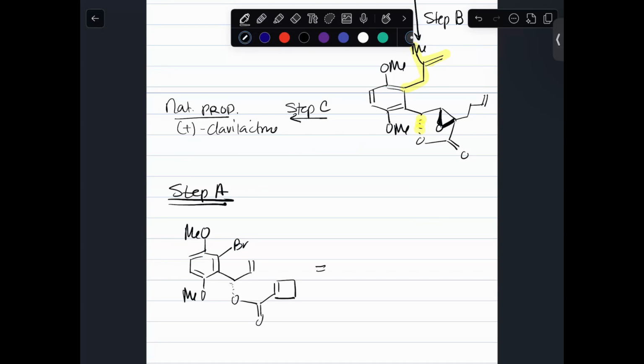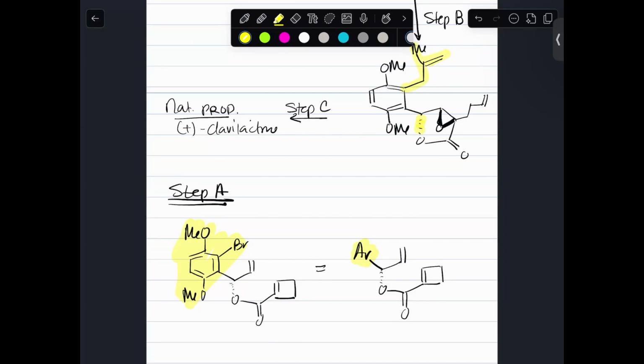But what I'll do, to save us time, is just call this my aryl group, AR for aryl, since that's not part of my first step mechanism. I don't want to keep drawing that aromatic group with the phenyl, excuse me, that aromatic group with my bromines and my methoxy groups. I just want to leave it as is.